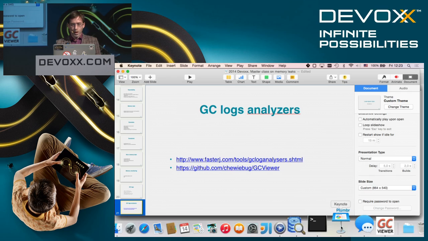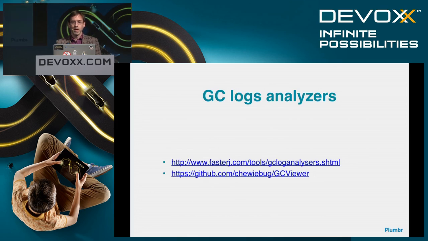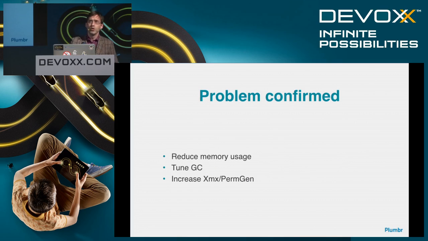Okay, what can you do after that? You have confirmed, you look at your GC logs, you have looked at your memory consumption, and okay, yes, I see what my problem is. Is that spike a memory leak or what? So you can try to reduce memory usage. You can change your algorithms.